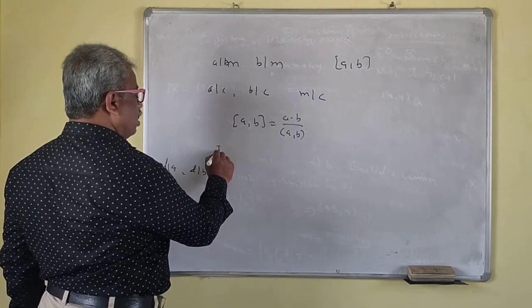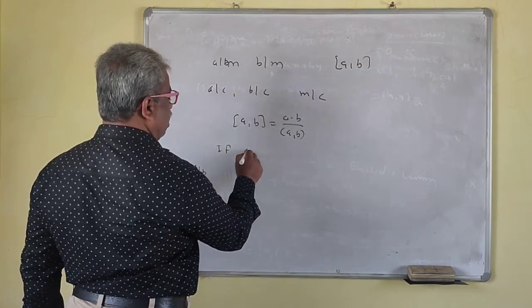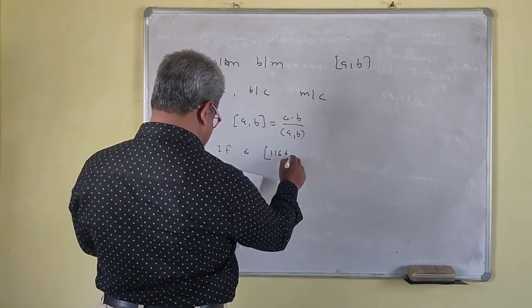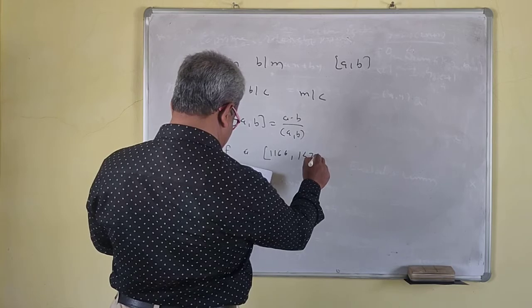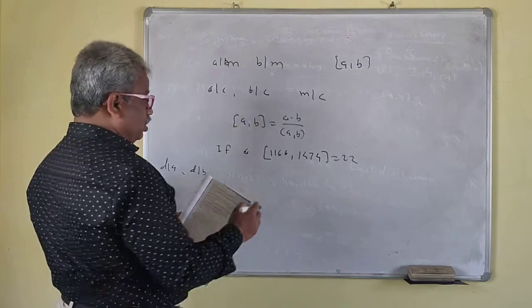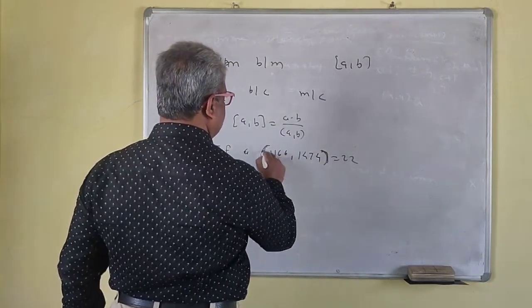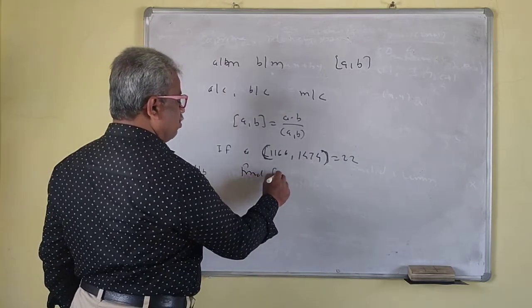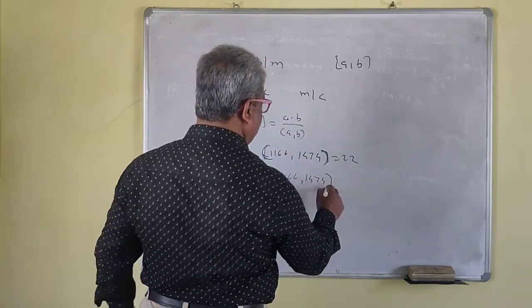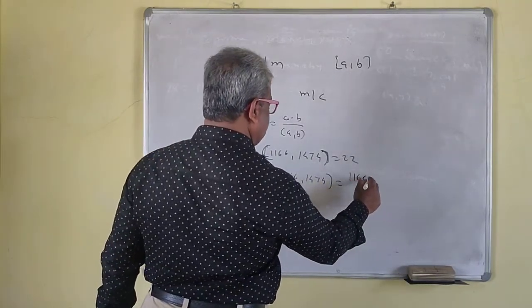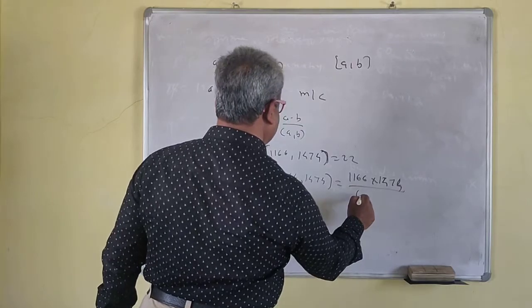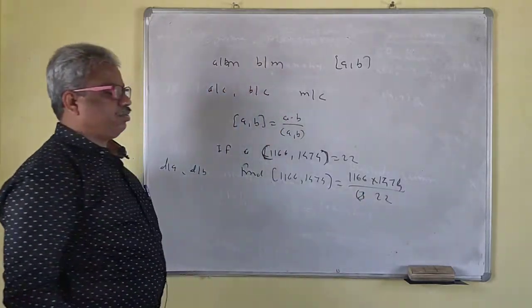That means if you are given the GCD, for example the numbers 1166 and 1474, suppose the GCD is 22, find the LCM. It is 1166 into 1474 upon the GCD, 22.